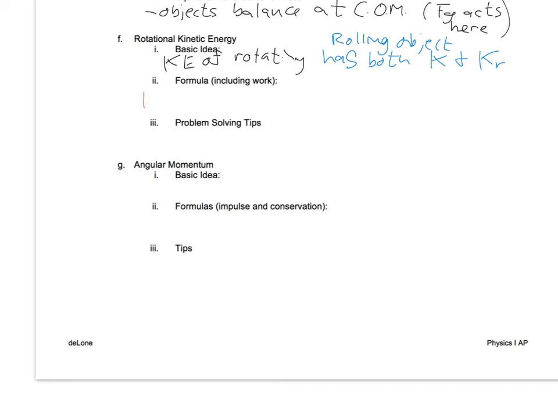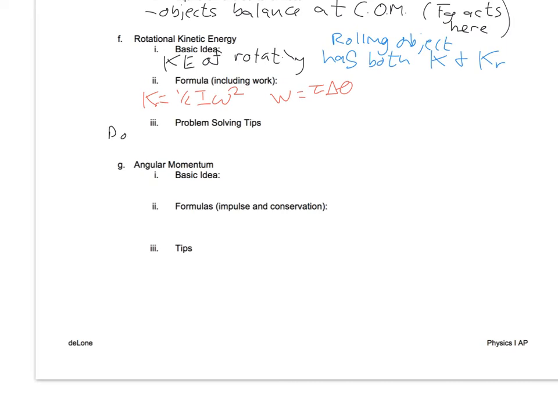The formula that we're going to be talking about in this unit, so rotational kinetic energy is 1/2 I omega squared. We also have our linear version of work. Instead of force times displacement, it's torque times angular displacement. So same basic idea here.